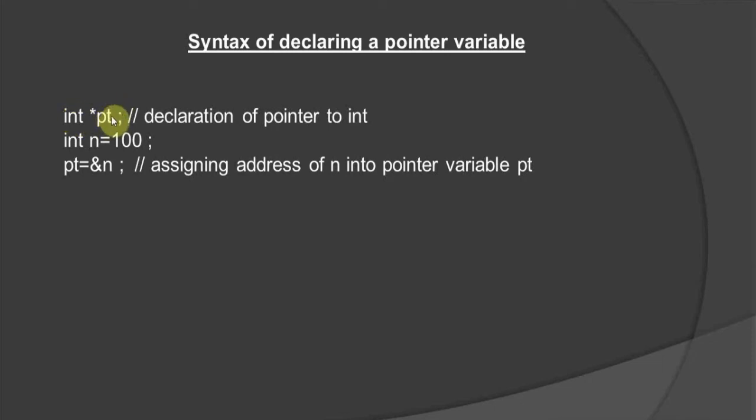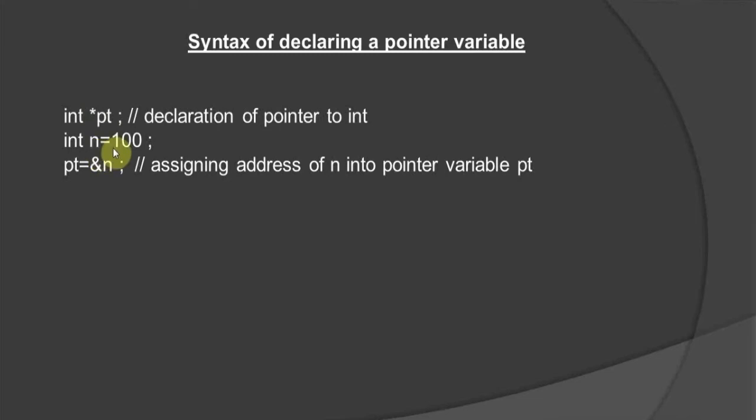Then we mention the name of the pointer variable, but preceded with the star symbol. Whenever you see a pointer variable declaration, you will see that it is preceded with the star symbol. Otherwise, if I remove this star symbol, it will become an ordinary variable. But now it is not an ordinary variable because it is preceded with the star symbol.